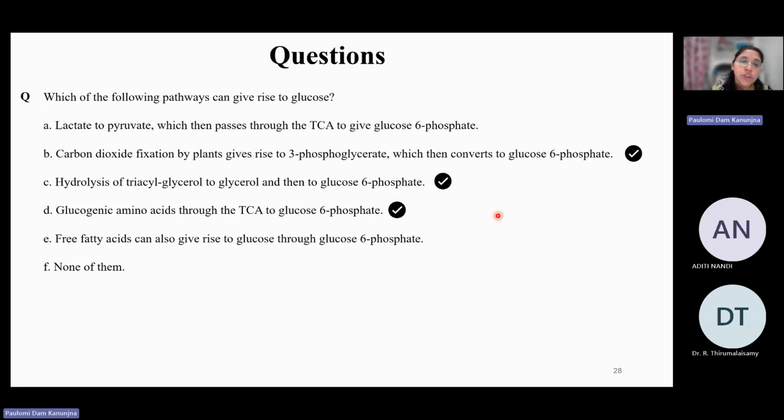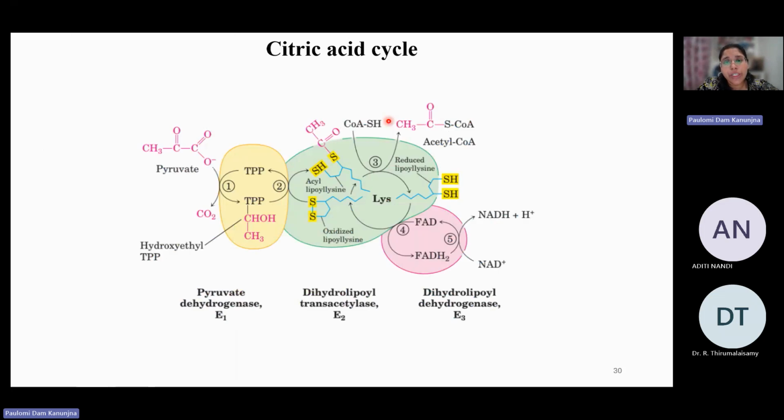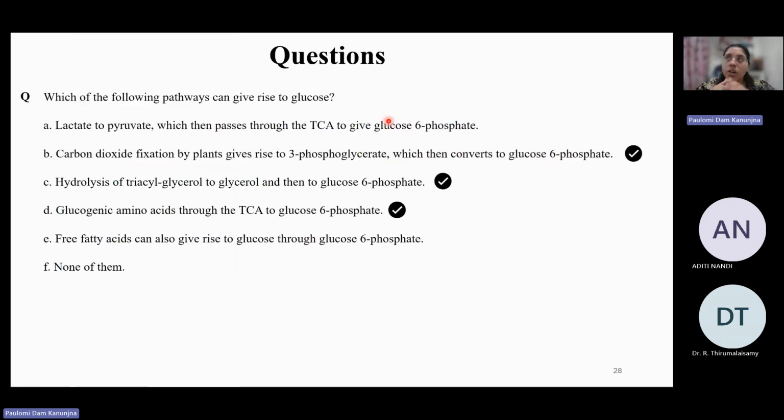And similarly, because in both of these you have TCA as the pathway that is being followed, you don't have glucose after that. Well, so that brings us to an end of glycolysis and gluconeogenesis. And what you need to remember for pathway regulation, which I thought was part of this, but it's not.